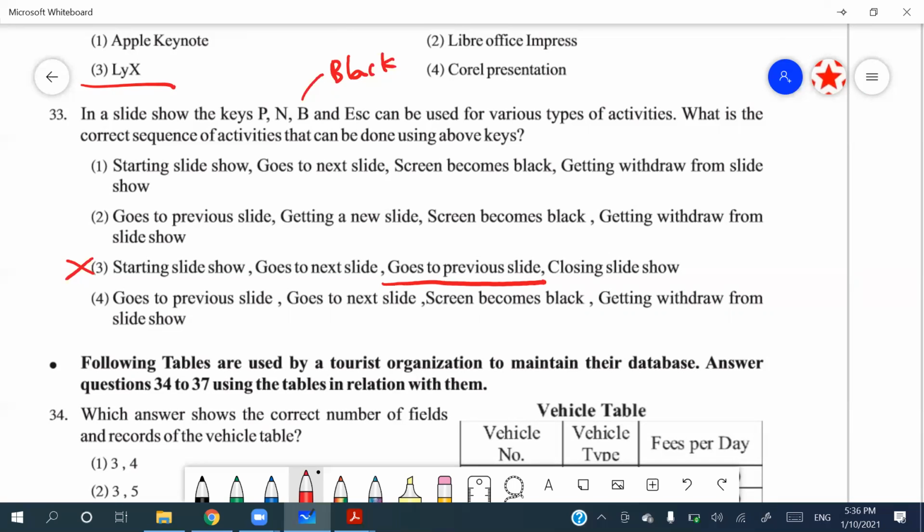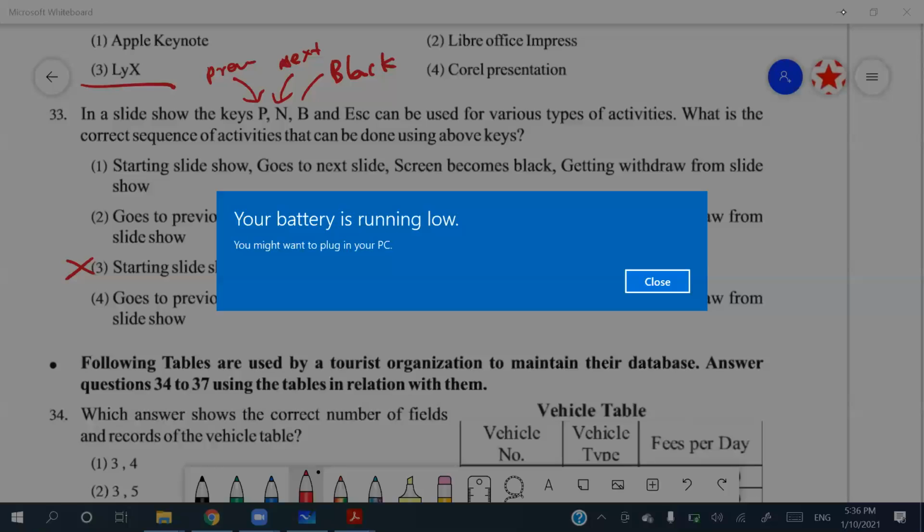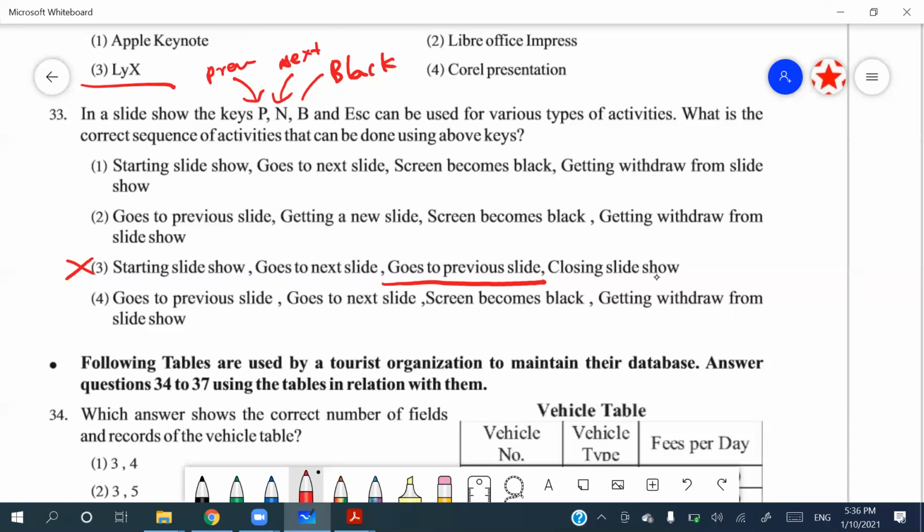P and N should be considered as previous and next. So P is for previous slide, N is for next slide. So not starting the slideshow, goes to previous slides, goes to next slide, screen becomes black, withdraw from the slideshow.